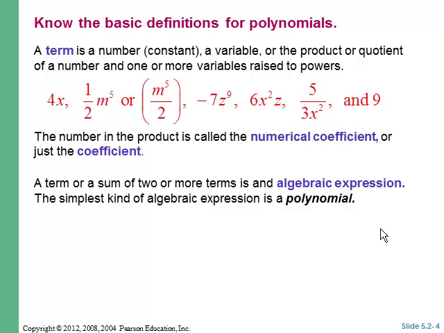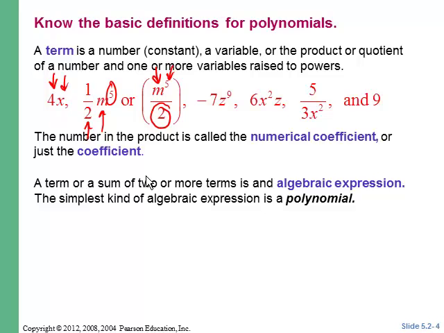First of all, a term is a number, a variable, or a product or a quotient of a number and one or more variables raised to a power. So here is the constant, here is the variable. Here's the constant, here's the variable, here's the power. Here's the variable, here's the power, and the constant is kind of disguised here.